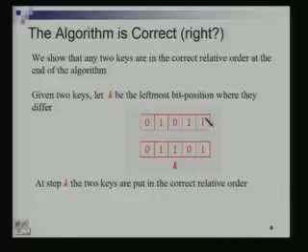At the first step, they are maybe rearranged, I don't care, they are put in some order. At the second step also they are put in some order, I don't know. But at the kth step, this key would be put before this key, because this is a 0 and this is a 1. So at the kth step, the 2 keys are put in the correct relative order, but all's not done now.